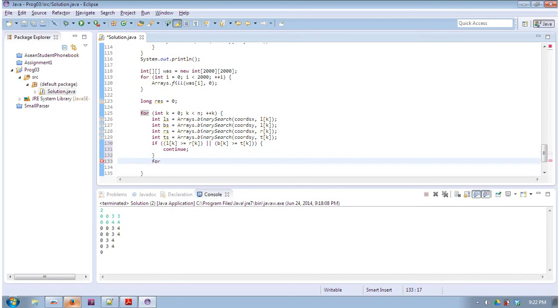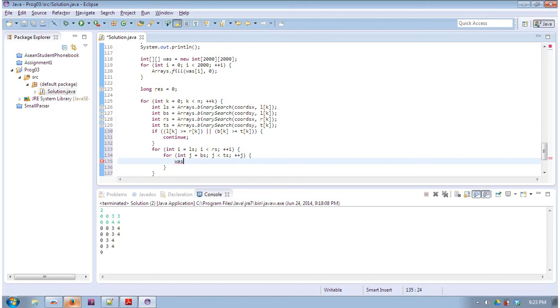Next we just have two for loops from ls to a value of rs. So we're getting the coordinates from ls to one index lower than rs. Same is true with BS and TS.